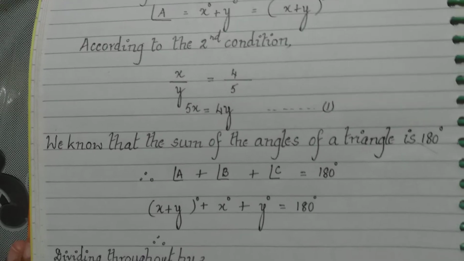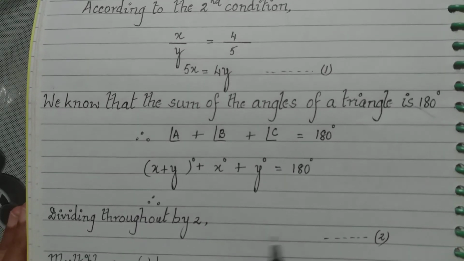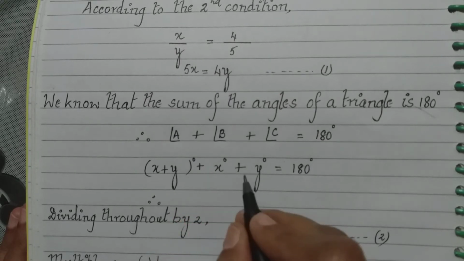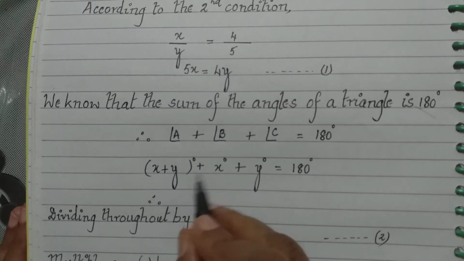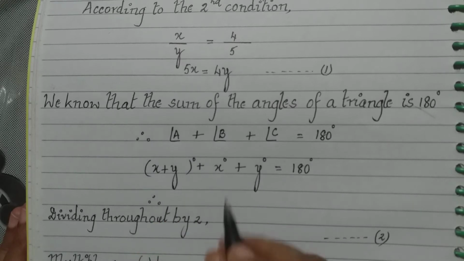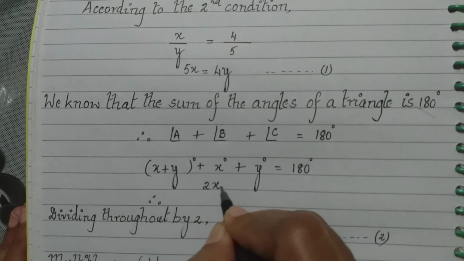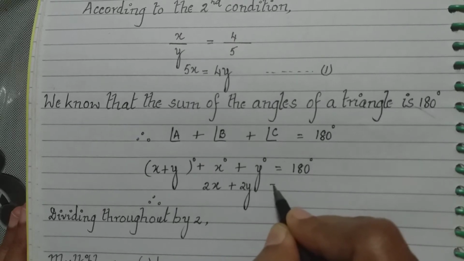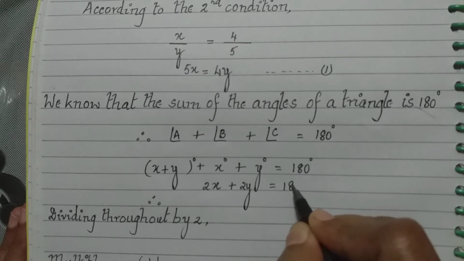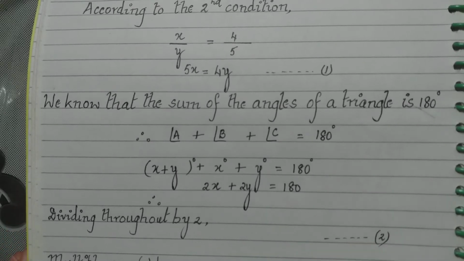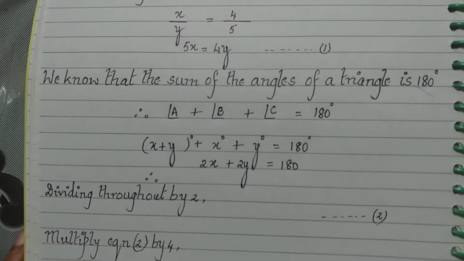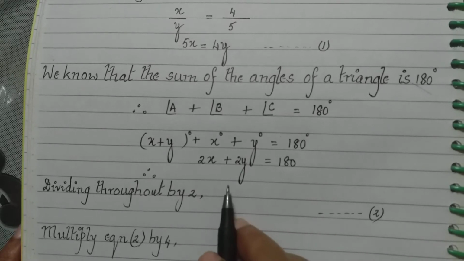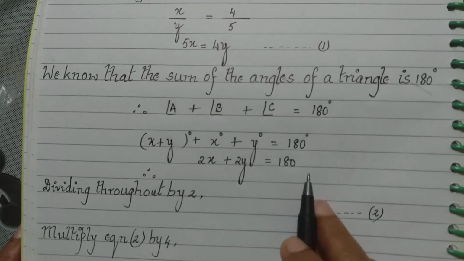Since we have plus between all the terms, we can just ignore the brackets. x plus x is 2x, plus y is 2y, equal to 180. I am not writing the degree sign here. At the end, when we find the measures of the angles, we will write in degrees. So 2x plus 2y is equal to 180.